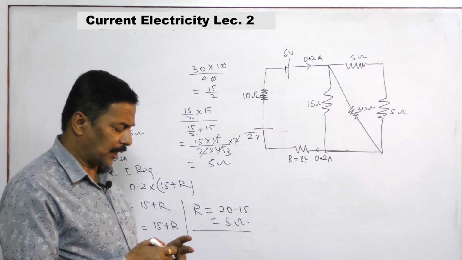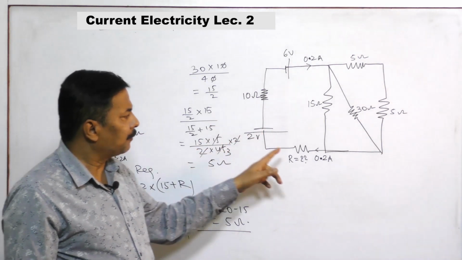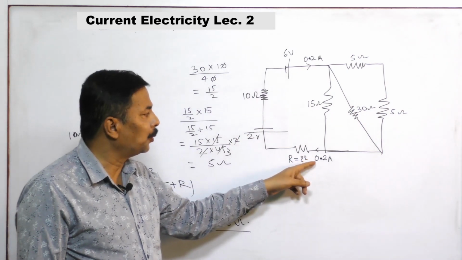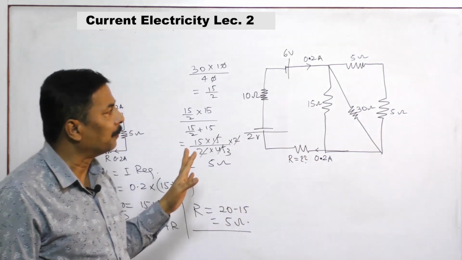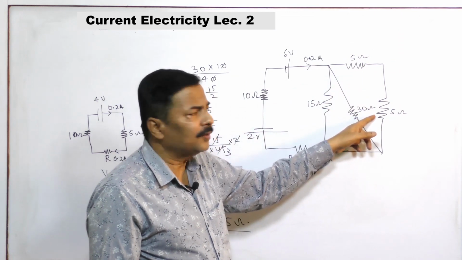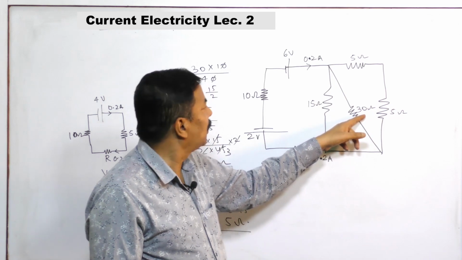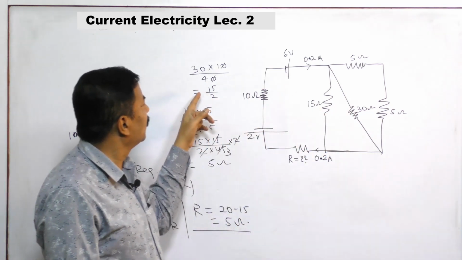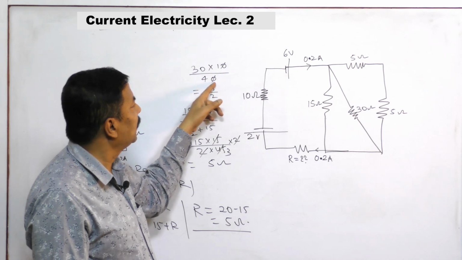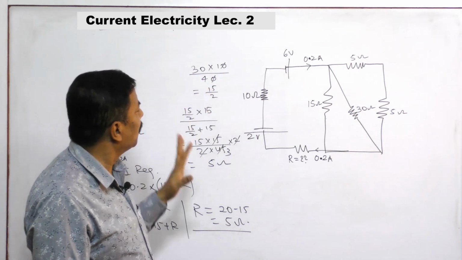Again you try to understand. The circuit is there, you have to find the value of R so that this condition is satisfied, so that 0.2 ampere should go. Here you see, 10 and 30 are in parallel, so equivalent resistance is 30 into 10 by 30 plus 10, so it is 15 by 2.